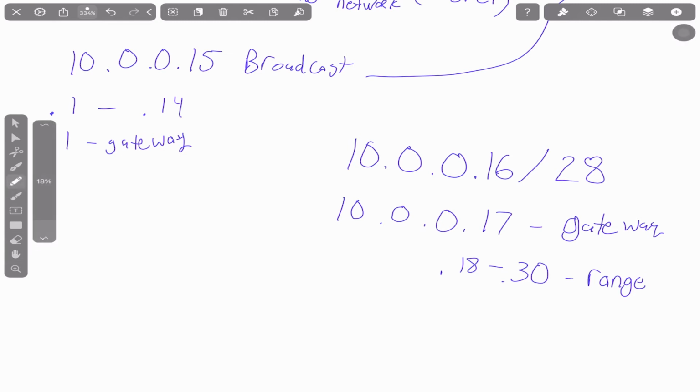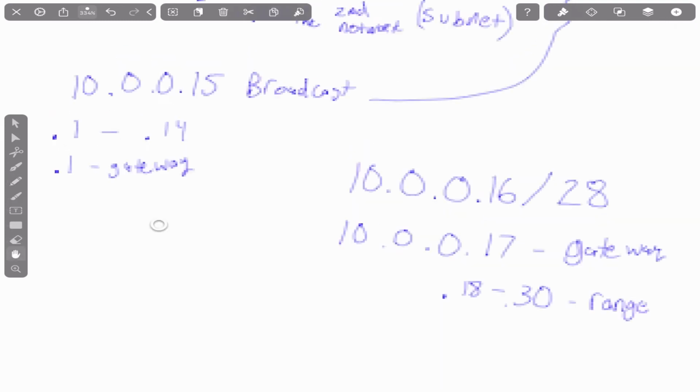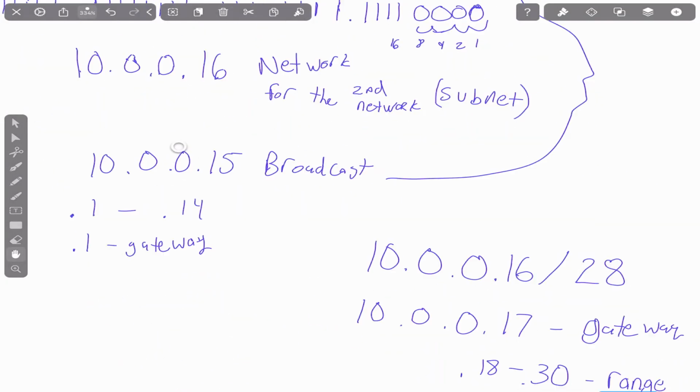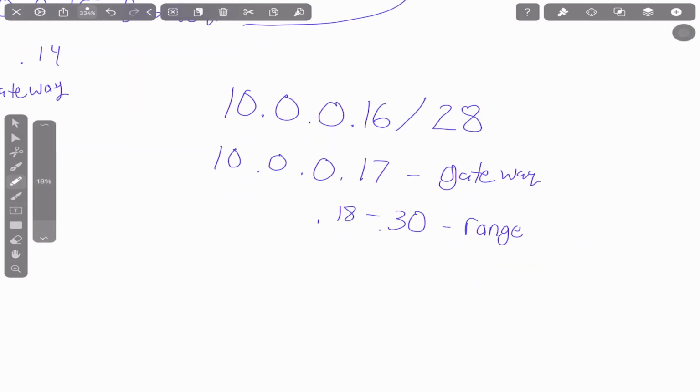Alright. We know our subnet mask is /28, so it's going to be 255.255.255.240. So let's put that 240 there as well. That's going to be our subnet mask /28.